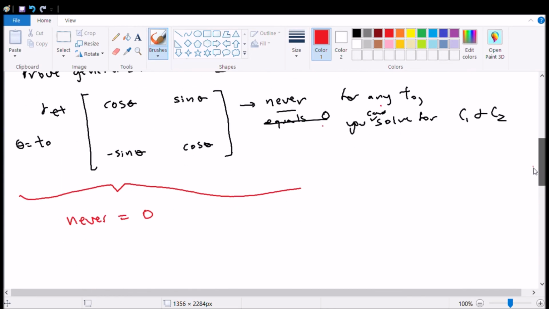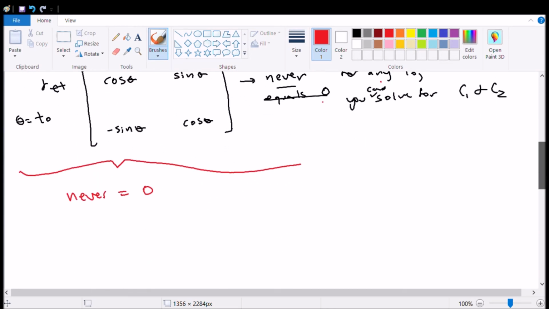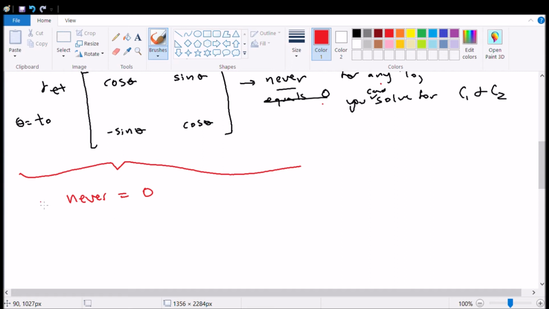So let's start by taking the determinant of this. The determinant would be cosine theta times cosine theta minus negative sine theta times sine theta. Again, theta is equal to t initial, and I'm just writing theta out of habit. That simplifies to cosine squared theta plus sine squared theta.